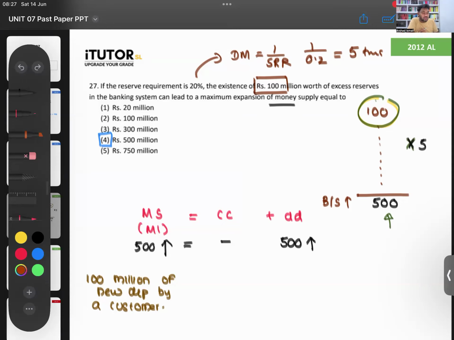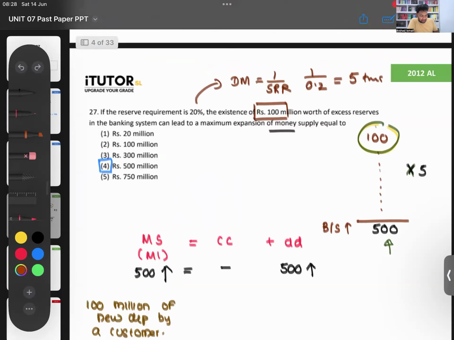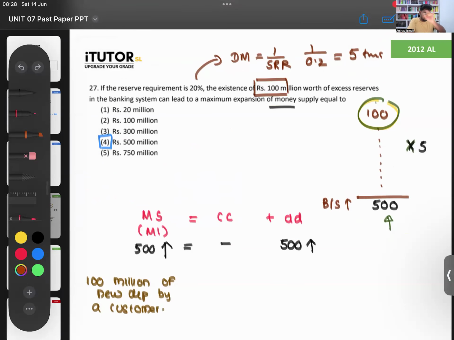When we go through a bigger question, I'll go through it. Right now, where is this 100? If you all remember, do you remember that table I would have explained? So let's say there is 100 million that has come to bank X as a deposit.